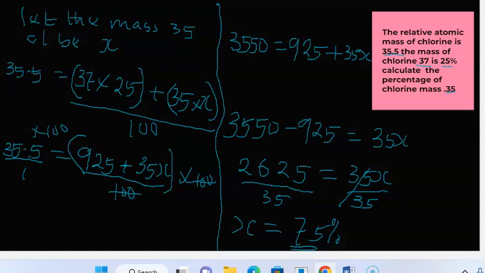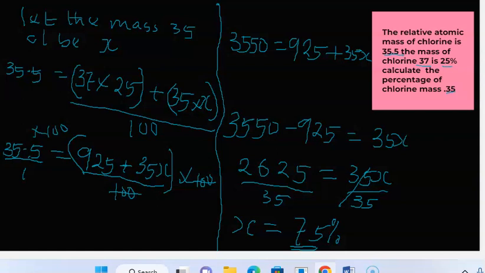How do you do it? I'm summarizing it. Let the percentage of chlorine 35 be x. You don't know it, then you take the relative atomic mass and create an equation. The relative atomic mass 35.5 is equal to the sum of the products of individual mass and individual percentage, which means chlorine 37 times its percentage 25 plus chlorine 35 times its percentage, which you don't know, we take as x, then over 100.